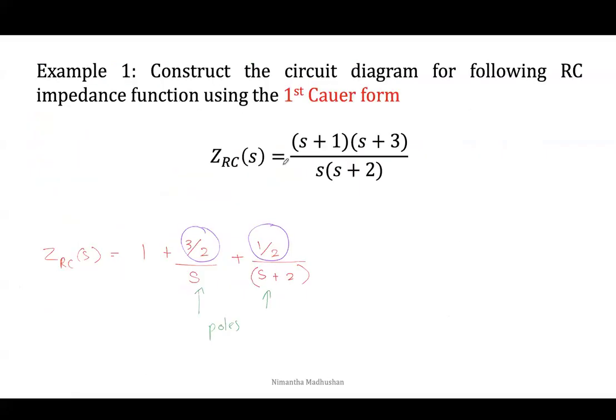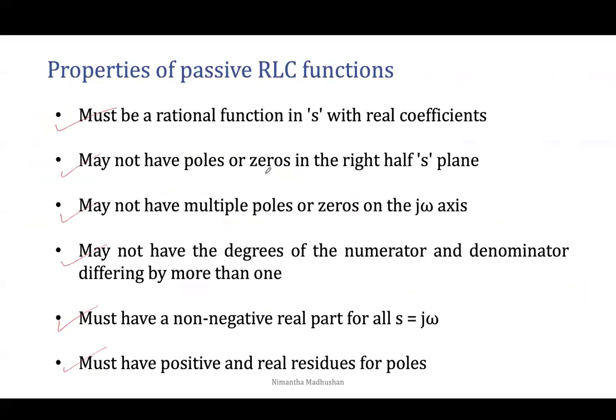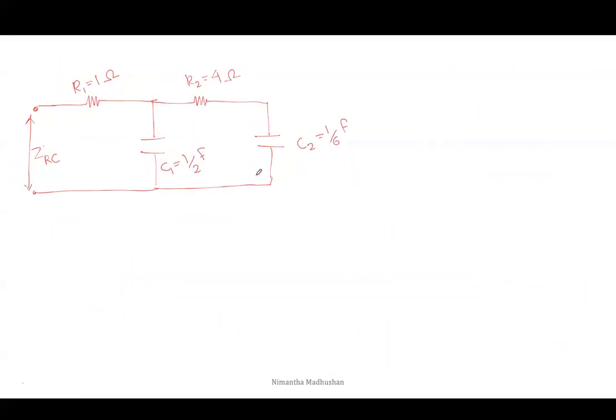In the first one, construct the circuit diagram for the following RC impedance function using the first Cauer form. This is the impedance function, and the obtained circuit is this one after applying the first Cauer form. Then we will move to the second Cauer form.